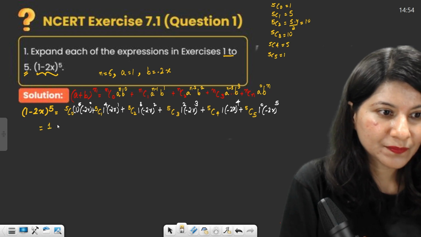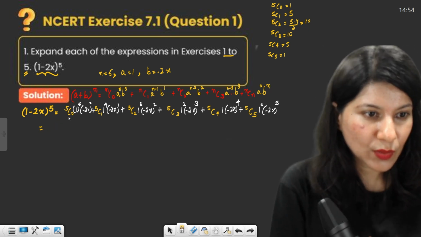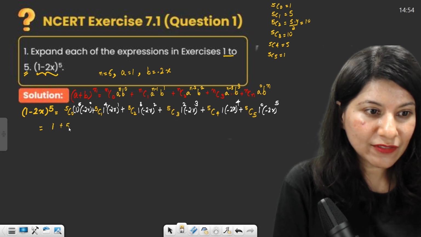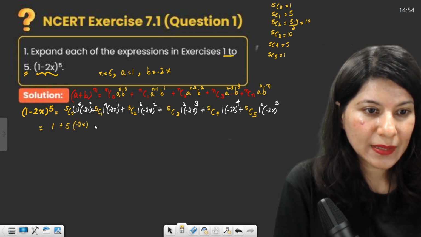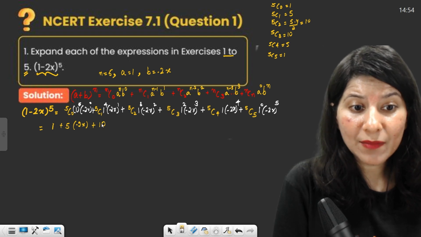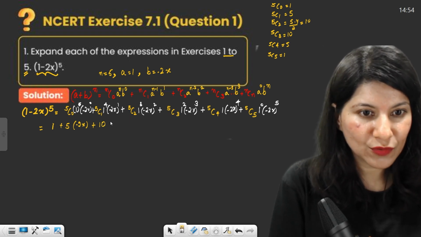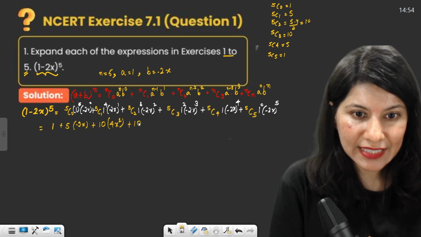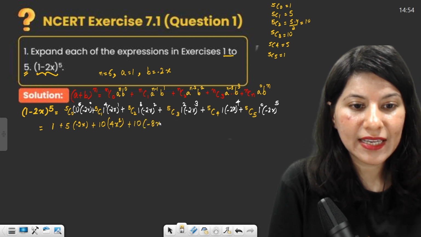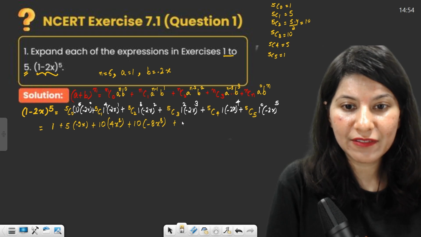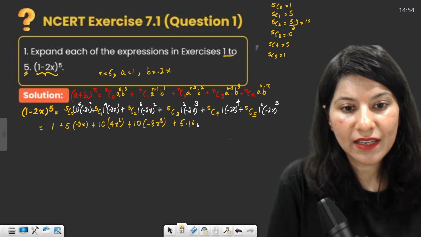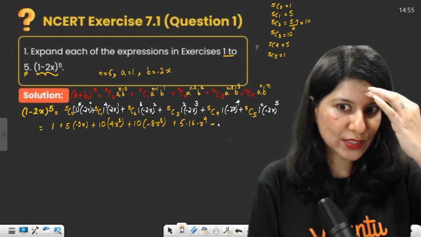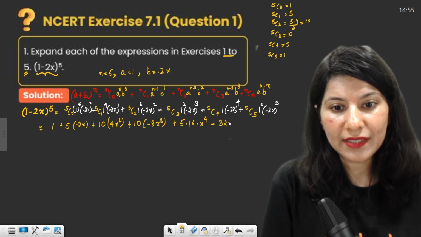So this is 1, plus 5 times minus 2x, plus 5C2 is 10, 1 cube is of no significance here, 4x square, plus 5C3 is again 10 and minus 8x cube. Then we have 5 times 16x raised to power 4, and then minus 5C5 is 1, 32x raised to power 5.